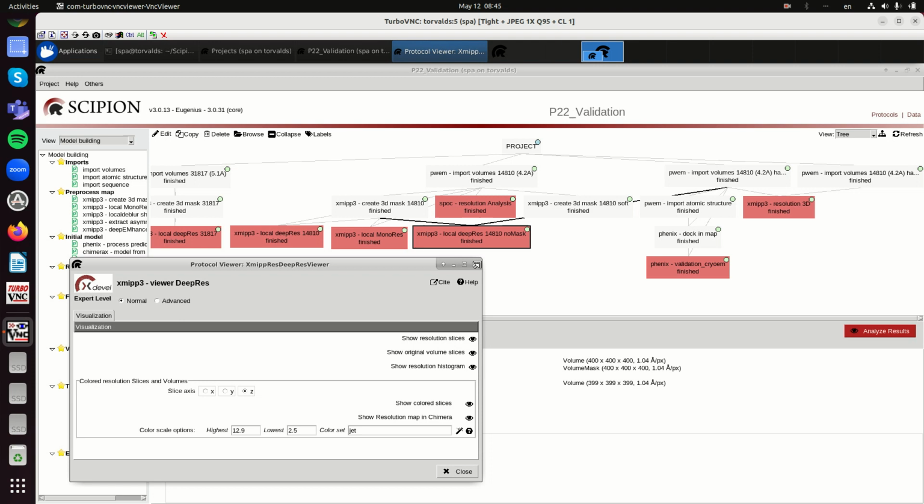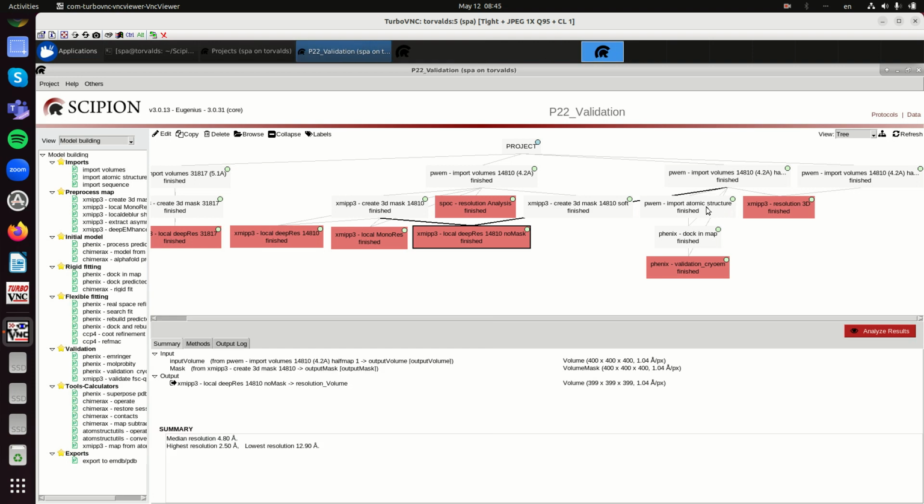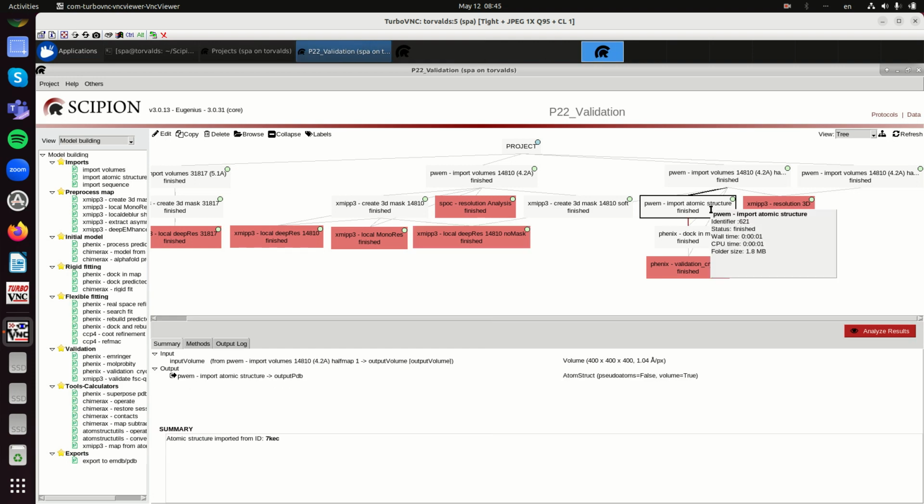Then, if you have an atomic model, you have other ways of checking the quality of your map. So here we are importing the atomic structure, 7K EC.